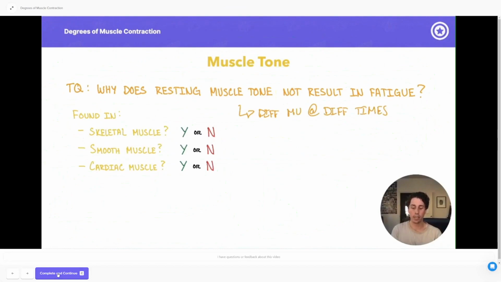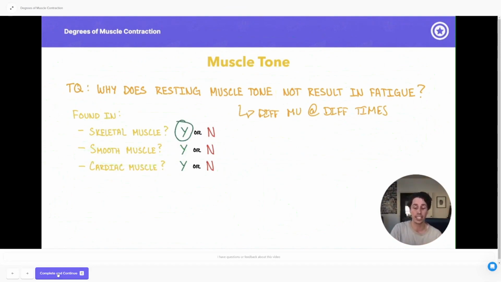All right, so now let's think about this. Do we have muscle tone in skeletal muscle, smooth muscle, and cardiac muscle? So no, actually. We know that we're going to have it in skeletal muscle because that's how we're staying upright. And then do we have that in smooth muscle? Smooth muscle, we have like our esophagus, our digestive tract. That's going to have a lot of smooth muscle in it.